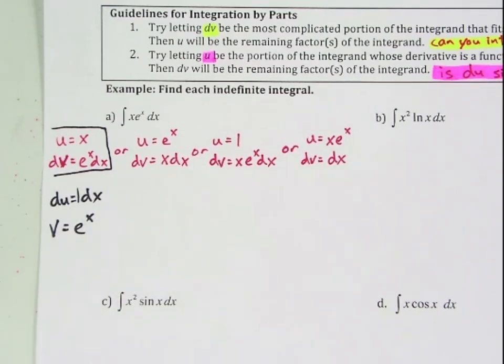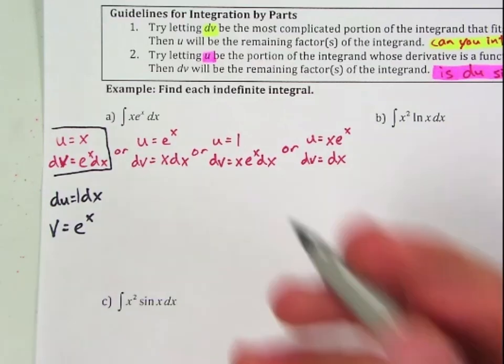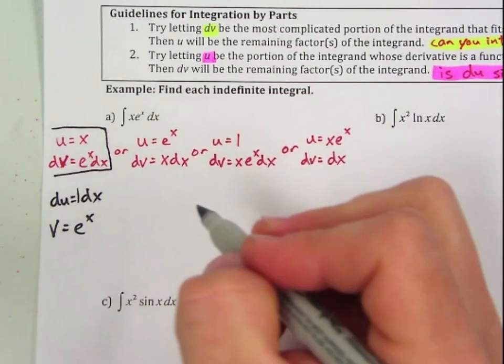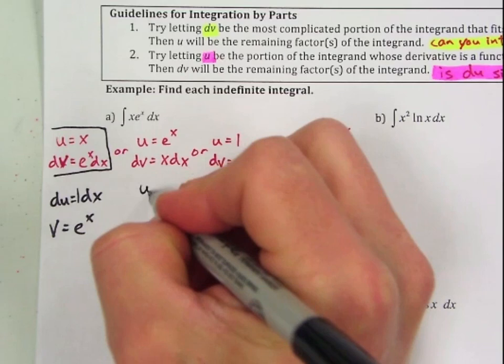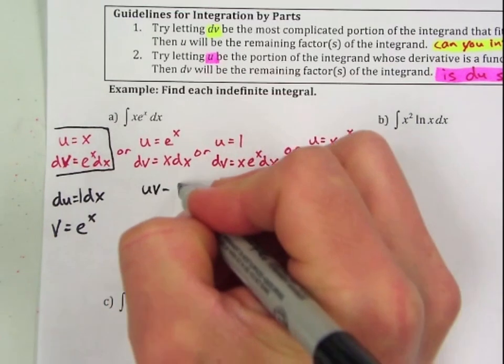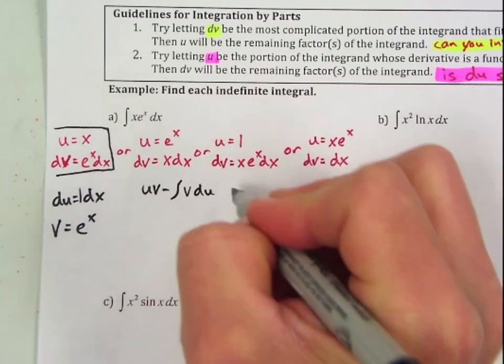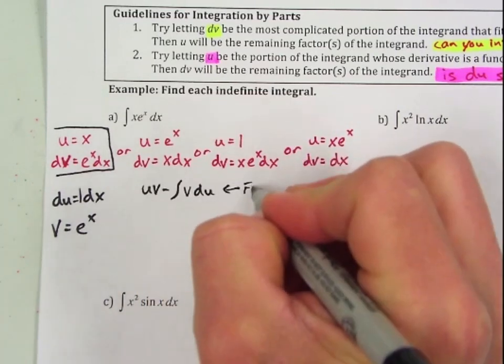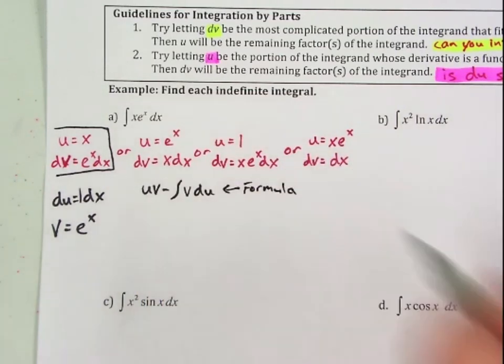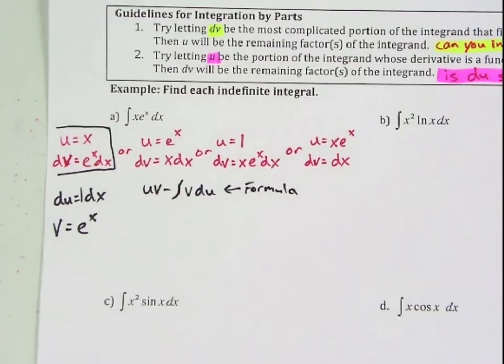Now, let's take a look at our formula here. Remember, it was uv minus the integral of v du. u is x. Now notice we had to find u, v, and du. It's all over here, so we're going to substitute it in.